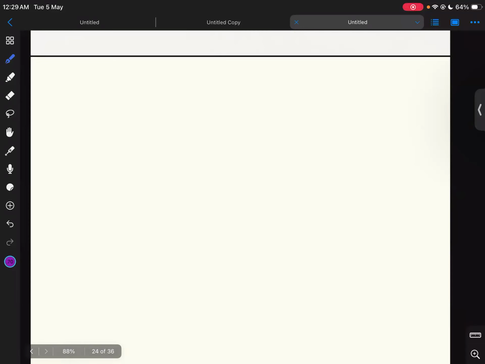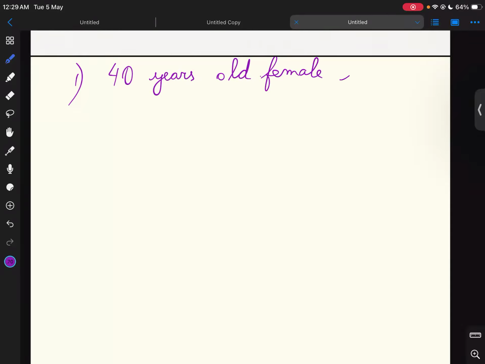So let me give you some examples. Right now, I would like to have some one-to-one interaction with the candidate. So at one time, a case came. It was a 40-year-old female with tummy pain. On examination, it was found that she had all the features of acromegaly.